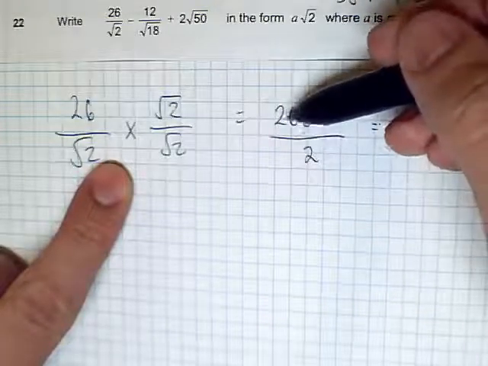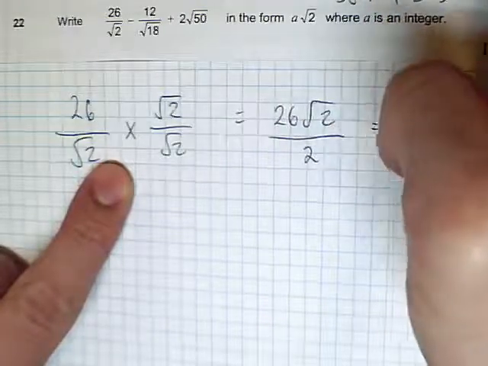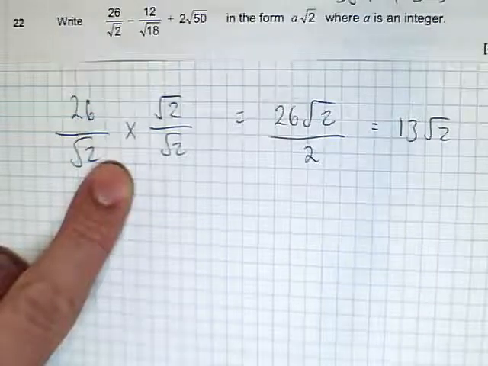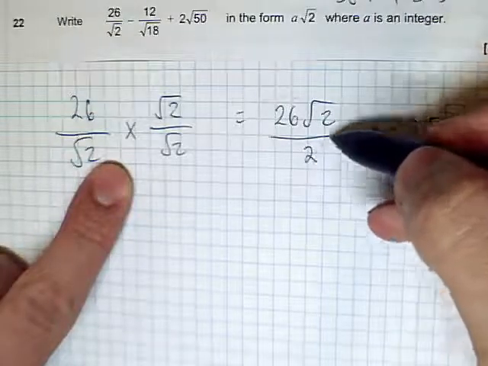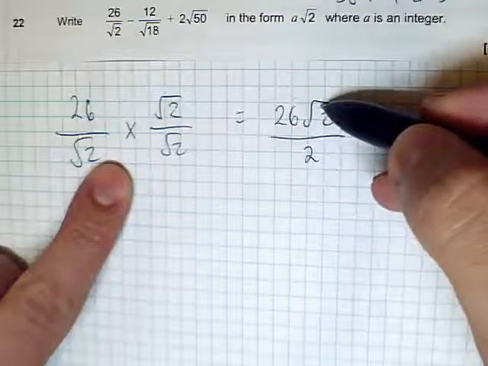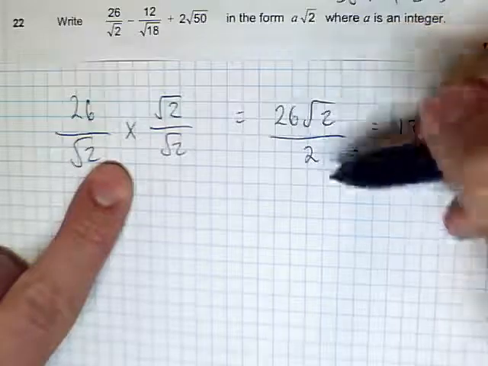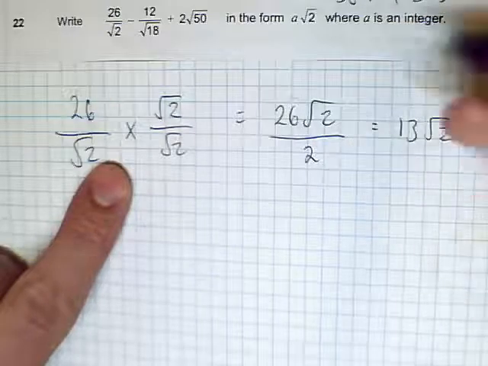But we can do that. So 26 divided by 2 is 13, so I get 13 root 2. Like I said before, can't simplify that because that's a surd and that's a number. But this bit would simplify because they're both whole numbers.